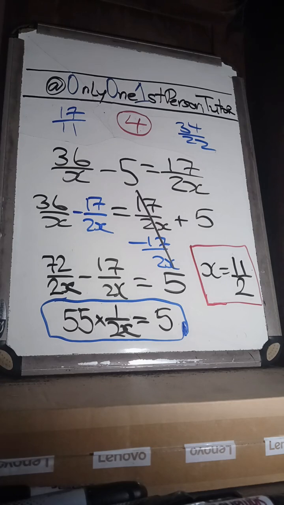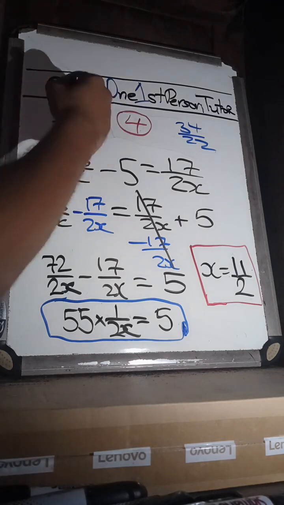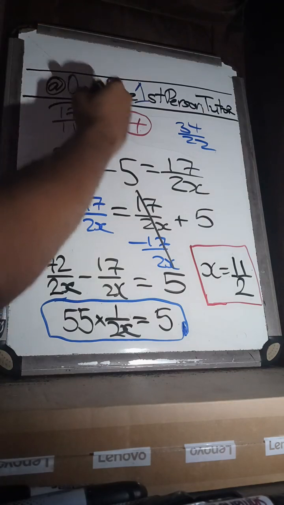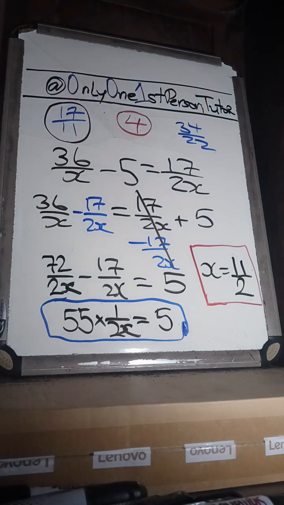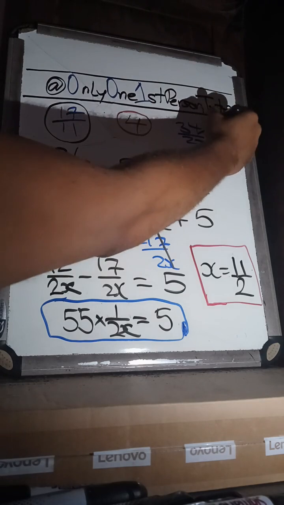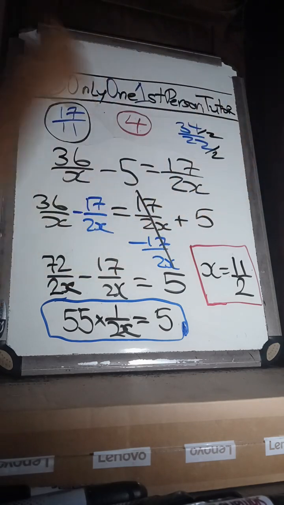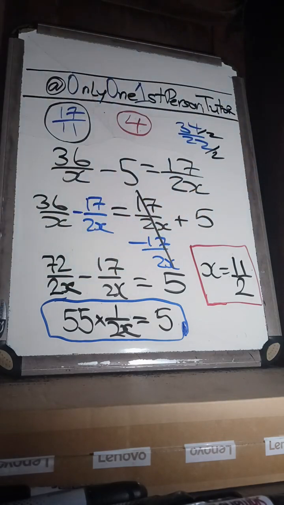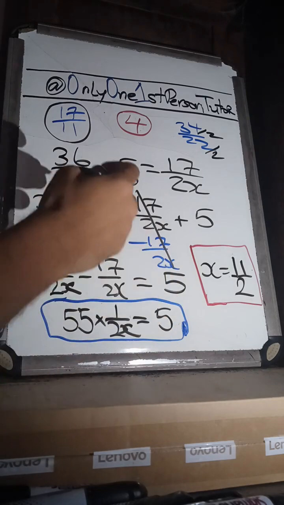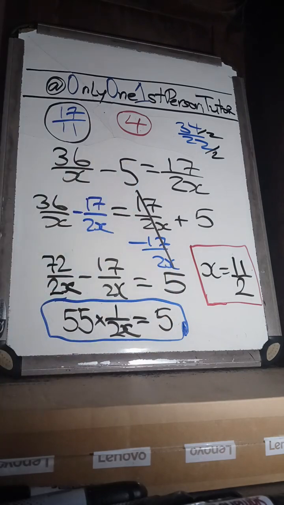So yes, the answer on the left is 17 over 11. While this doesn't look the same, you divide this by 2 and this by 2, you end up with 17 over 11. Now, if I multiply 2x by both sides, I end up with 2x times 5 equal 55.